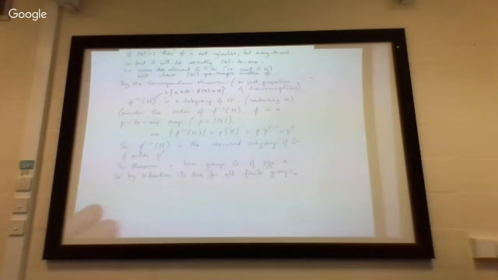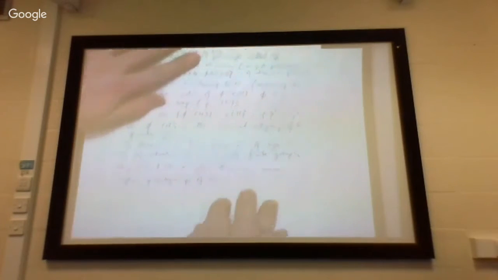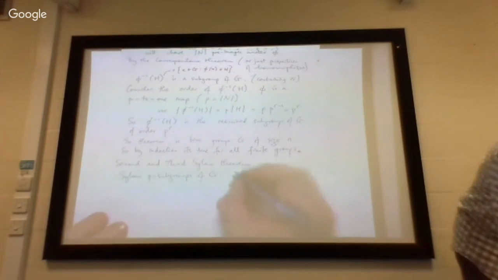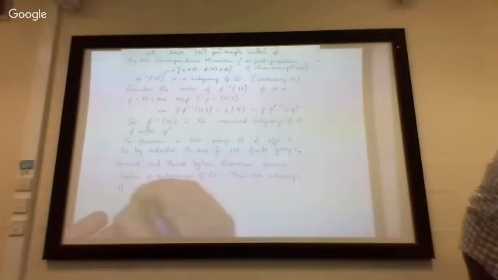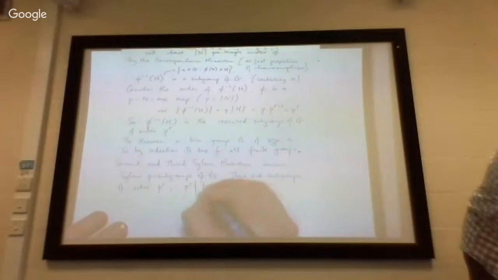So we're going to come to the second and third Sylow theorems, which concern so-called Sylow p-subgroups of G. These are subgroups of order p to the r, where p to the r divides the order of G, and r is maximal.